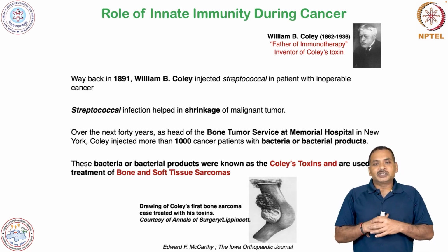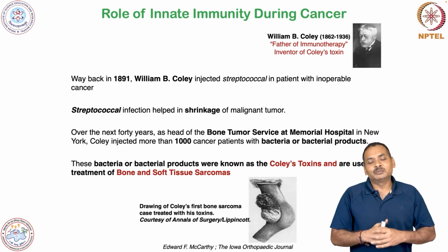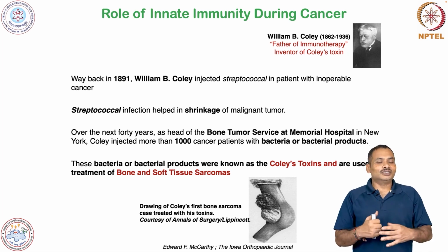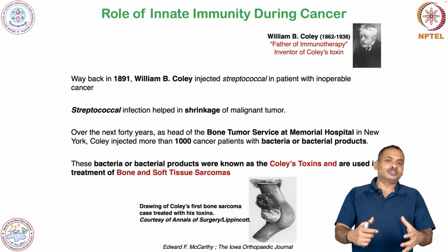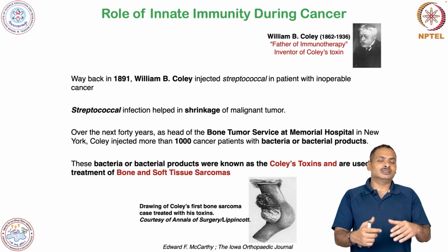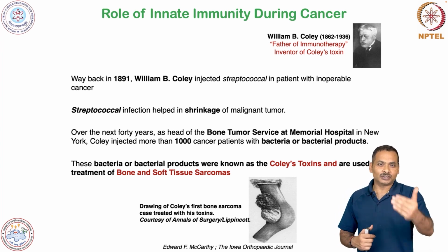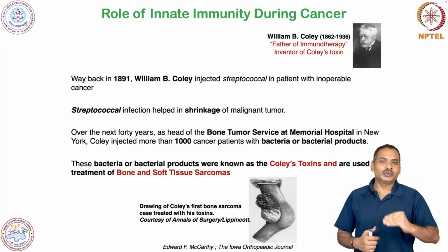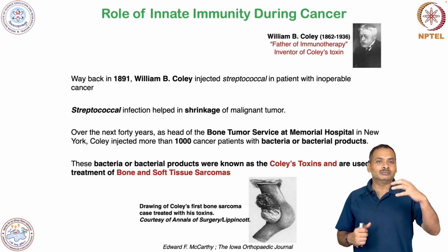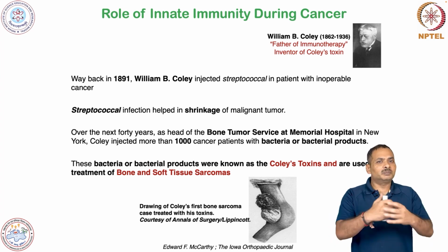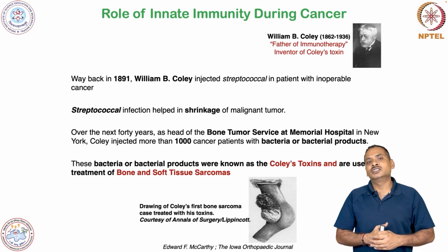So here there is a picture, and why I am giving you this background is because there is a very strong scientific basis which he was not able to explain. Now we can understand this is basically the non-specific activation of innate immunity, okay.